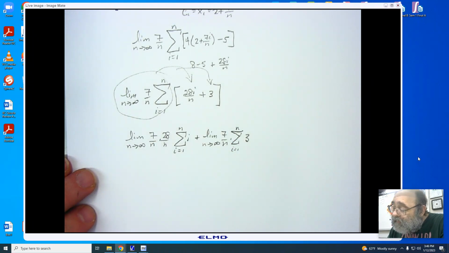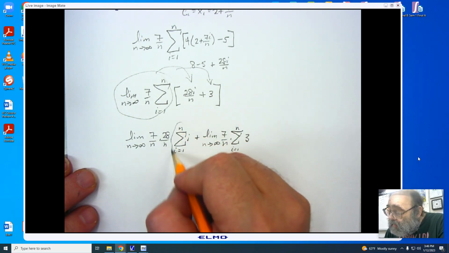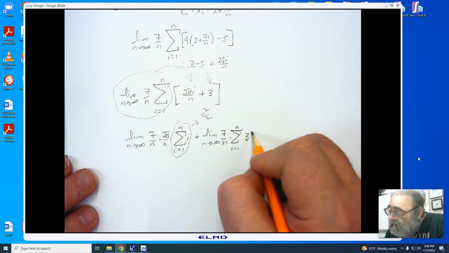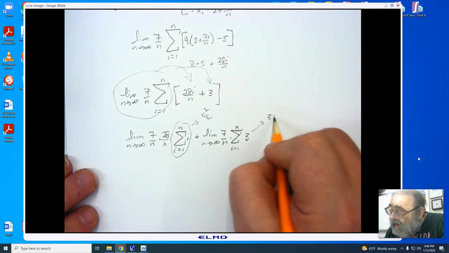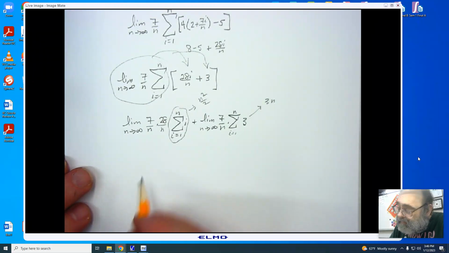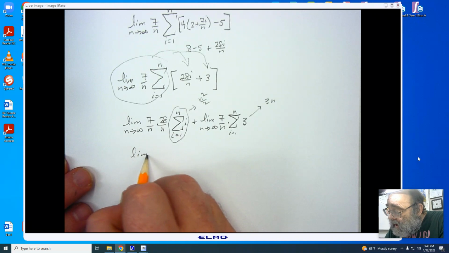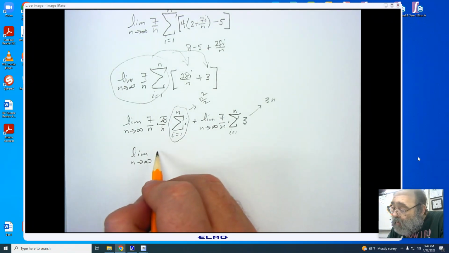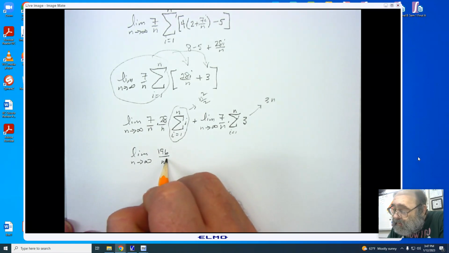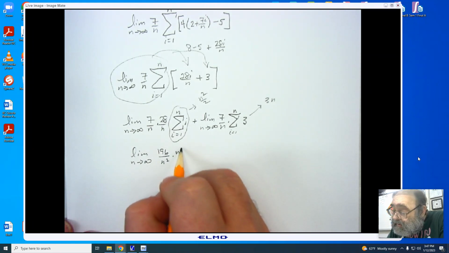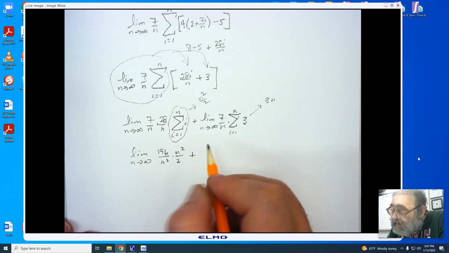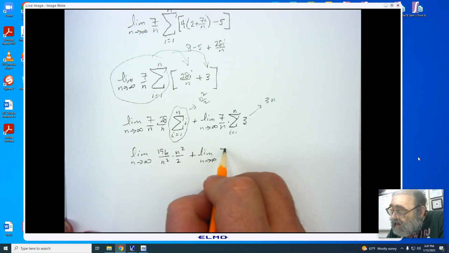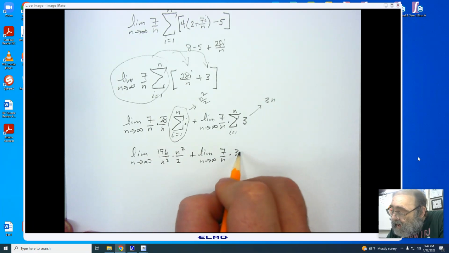of 3. Now, as we've said before, we're going to replace this with n squared over 2, and we're going to replace this with 3n. Here we go. The limit as n approaches infinity, and I'm now going to multiply, and I get 196 over n squared times n squared over 2, plus the limit as n approaches infinity for 7 over n times 3n.